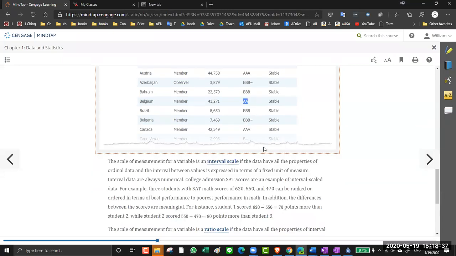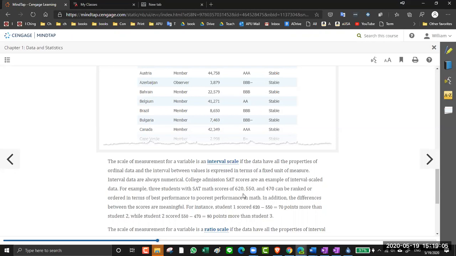However, how about if we talk about SAT scores? Suppose person A got 620 and person B got 550. Can you say who did better? Yes, absolutely. Can you say how much better? Yes, if we subtract. You can subtract the values, and that's called interval scale.